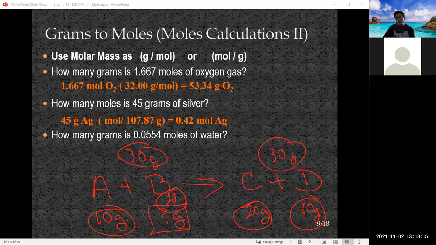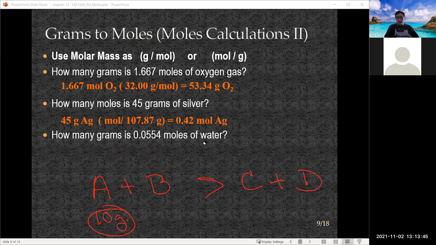So I have 4 variables. If I'm given this type of problem, I need all the other variables if I'm looking for one. That's great. However, when we're doing calculations, it's generally not that simple. We don't know what the amounts of C and D are, but we know what one reactant is.